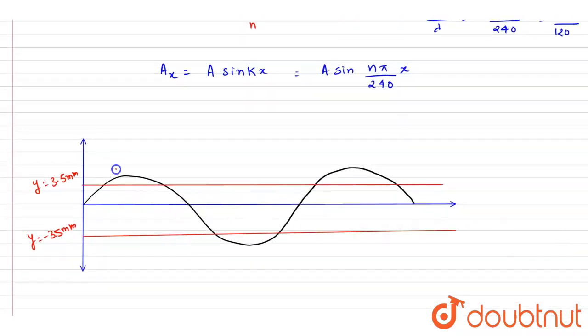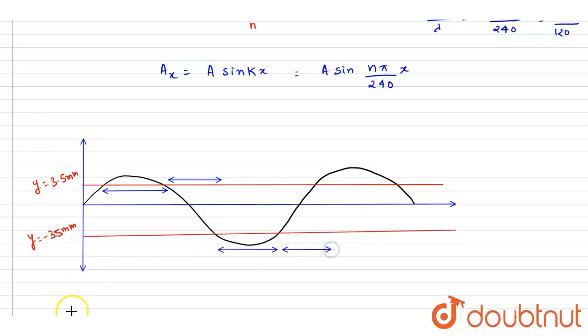So if you see here, this displacement is said to be 15. So let me write down, this is 15. This is also 15. This is also 15. And this is also 15.